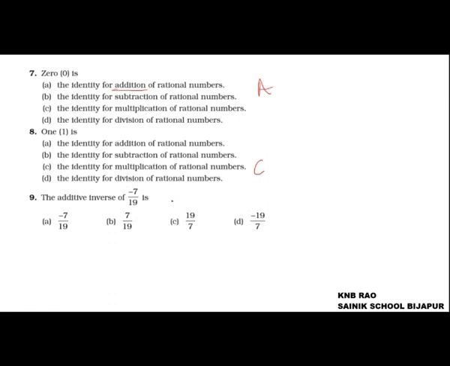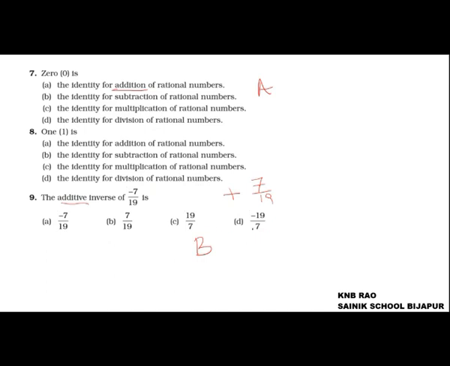The additive inverse of minus 7 by 19. Once we look for the additive inverse, first we have to change the sign. It is a negative number, so we make it positive. It gives the sum of these two numbers as 0. So the right option is B.